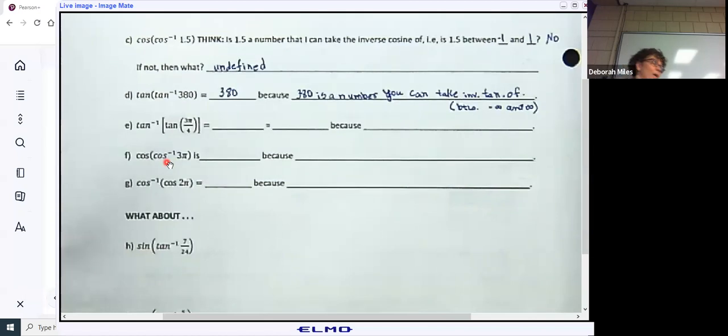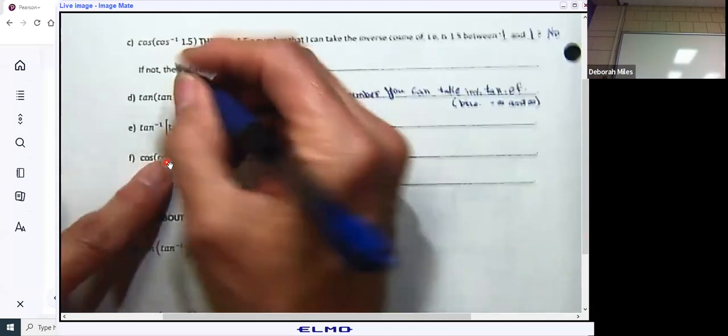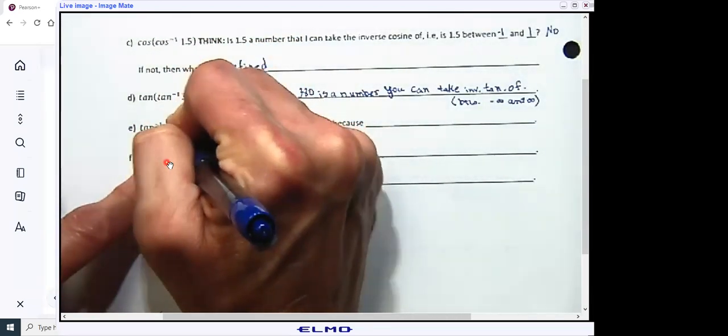At all the quarter pies, tangent and cotangent are either what or what? 1 or -1. Because the x and y at all the quarter pies are either the same or opposites. So at 3/4 pi, would tangent be +1 or -1? I'm thinking 3/4 pi is right here.